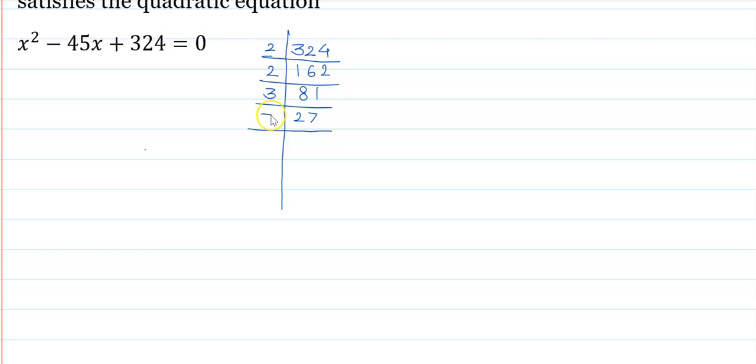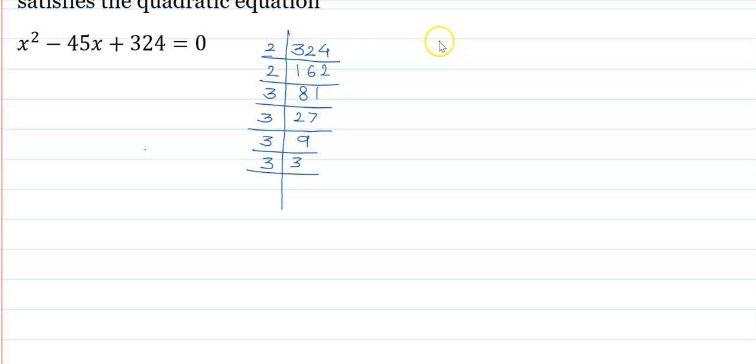Next, it's very easy. Now find the two numbers, taking a group of this number, such that their sum is minus 45 and the product we get is directly 324. The first term is x square and the last term is 324.